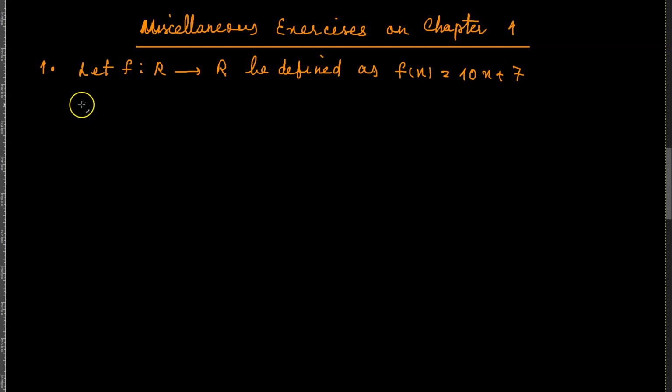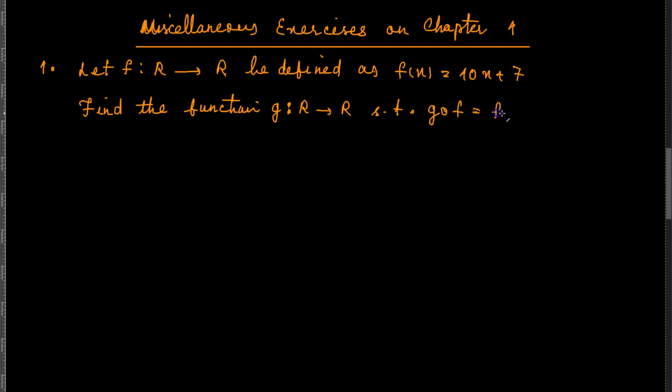Now you want to find the function g from R to R such that g of f is equal to f of g is equal to I of R.